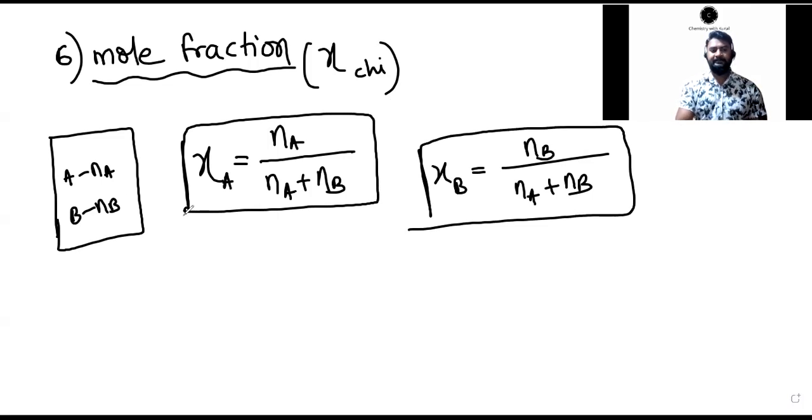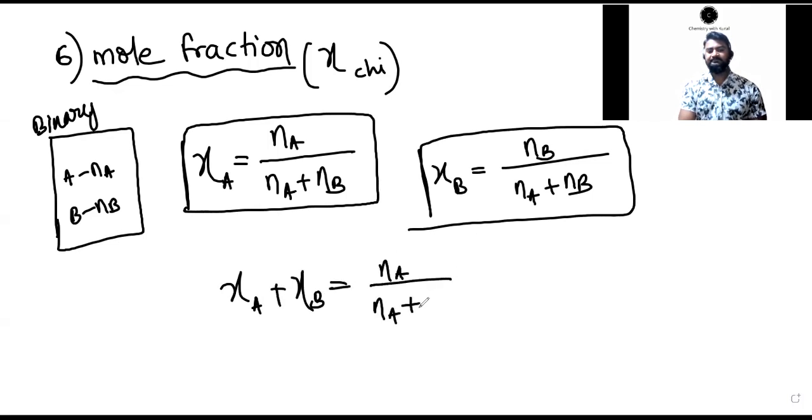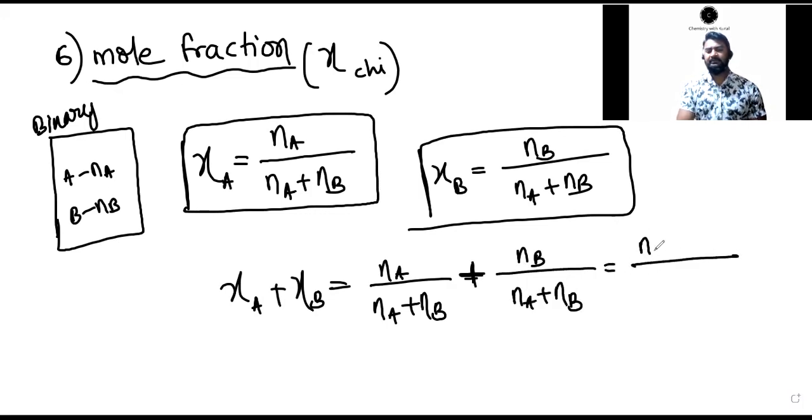Now, this kind of mixture is called a binary solution. Therefore, for a binary solution, what will happen if I add chi A and chi B? You'll get Na divided by Na plus Nb plus Nb divided by Na plus Nb. When we add them up, it will give Na plus Nb on top, Na plus Nb at the bottom.